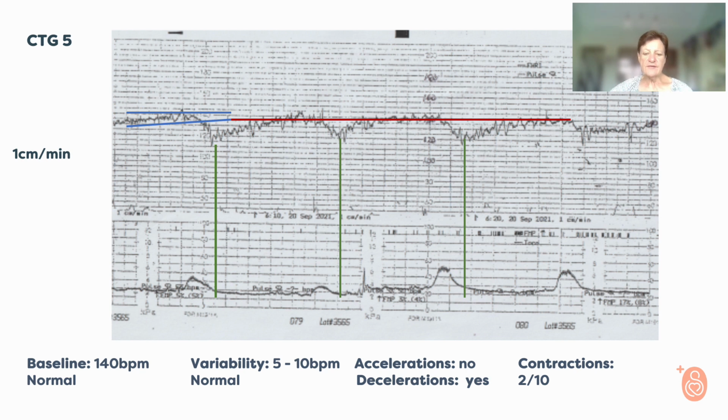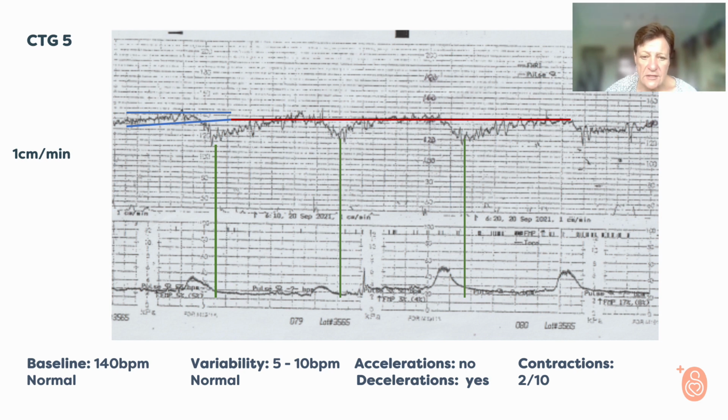If we look at the variability, again, like we've done previously, we draw a line at the bottom of the fetal heart rate variability, if I can call it like that, and a line on top of it, and we see how much the fetal heart rate varies.